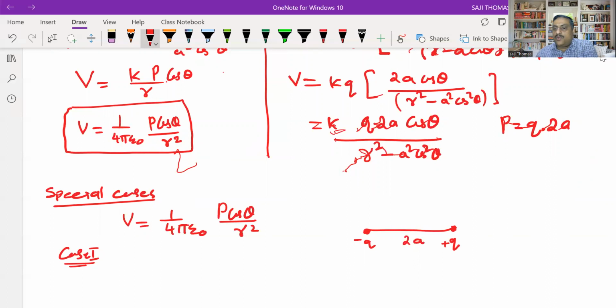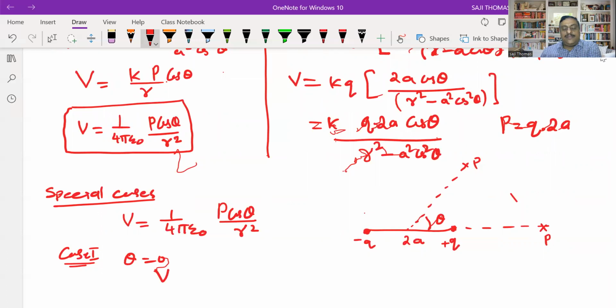If we consider the point here along the axis, so initially we considered the point here only, right? In the derivation, we consider this point, right? This angle was theta. If you consider that point P on the axis, what is the value of this theta? Theta will be 0.